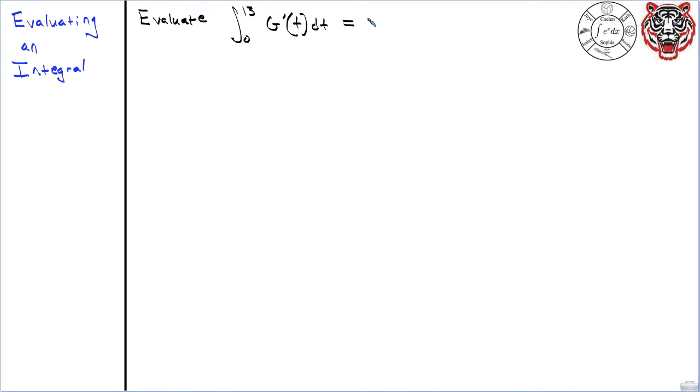So this actually evaluates to, when I take the integral of g prime of t, using the fundamental theorem of calculus, that turns back into g of t, evaluated between 0 and 13. Subbing in 13 and 0, that's g of 13 minus g of 0.